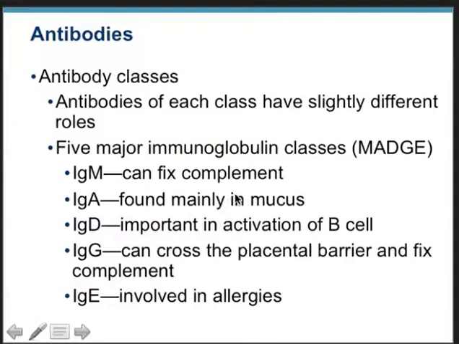But other than that, they all essentially have the same structure that we saw in the previous slide, this Y-shaped structure with this constant region that serves either to anchor it to something, whether it be a cell membrane or another antibody, and this variable region, which is the part that actually binds to the antigen.